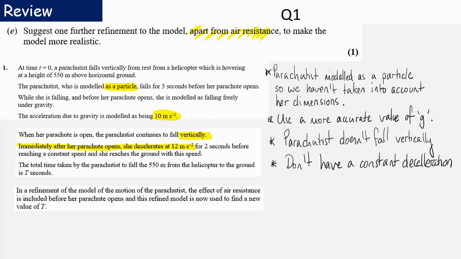Things that you can't state: we do have a constant acceleration that's down to gravity. So giving an answer of we don't have a constant acceleration would be wrong. The mass of the parachutist or the weight of the parachutist doesn't come into account either.